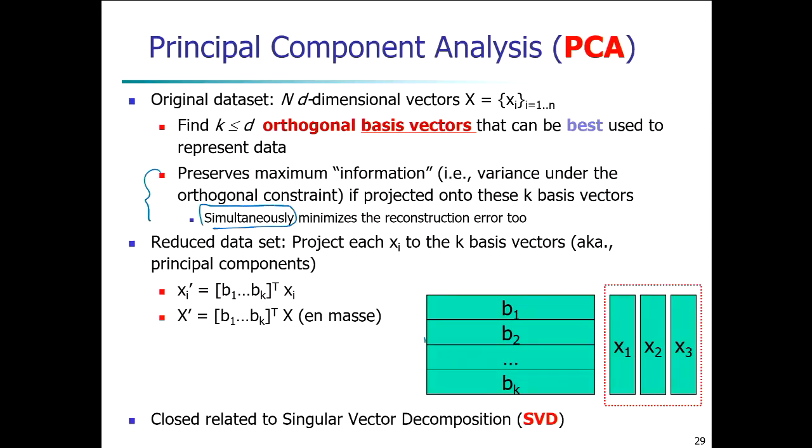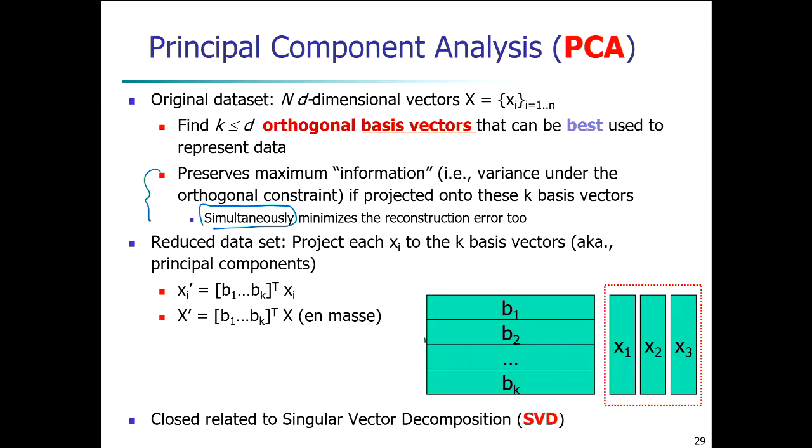So these two conditions actually get at the same time. One is that some kind of information, or some kind of variation of the data set, after projection is maximally preserved.